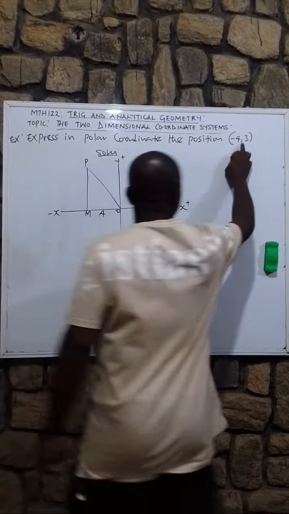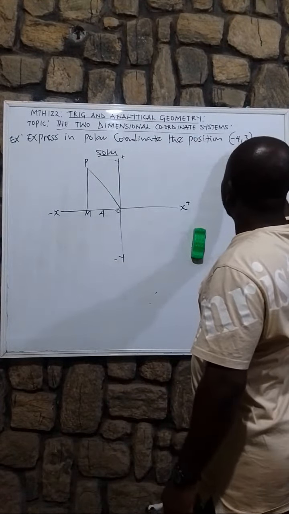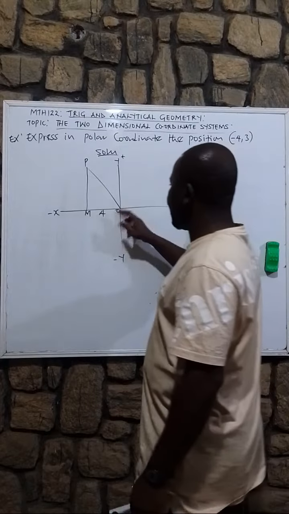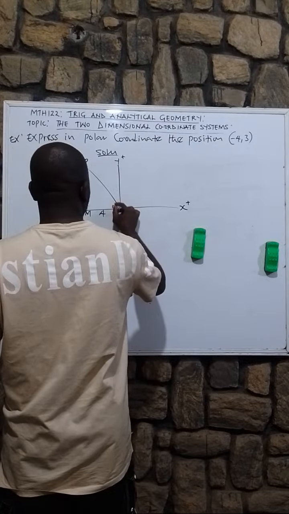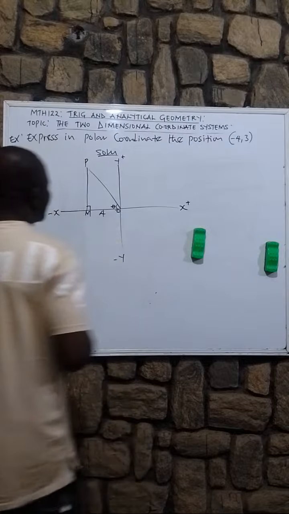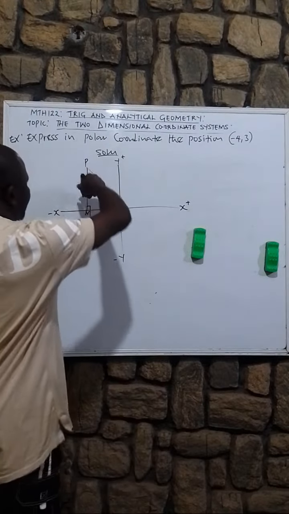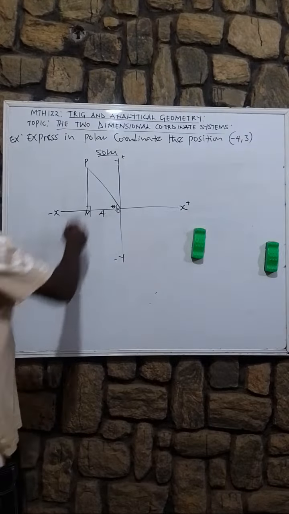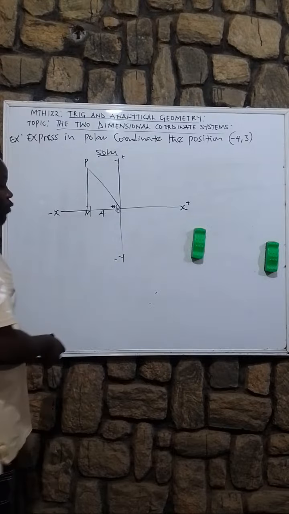Supposing here is minus 2, y is minus, we would have our right-angled triangle here. Please take note, this is theta. Since y is positive, it is going up. Supposing it is negative, you have to come down.